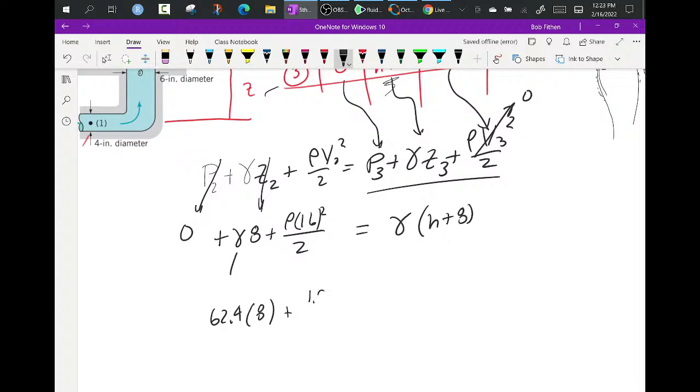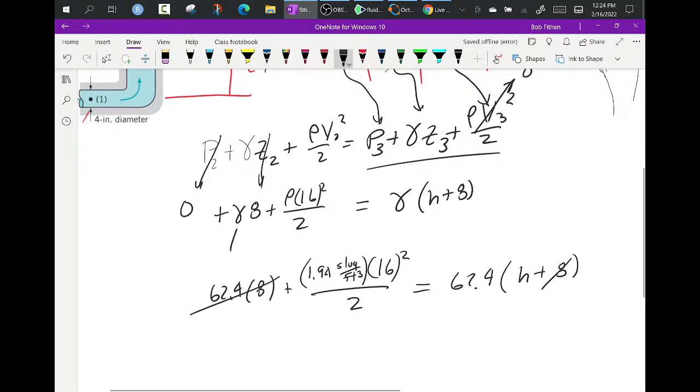So 1.94 slugs per cubic foot times 16 squared over 2 equals 62.4 times (8 plus H). And it turns out this will cancel that.